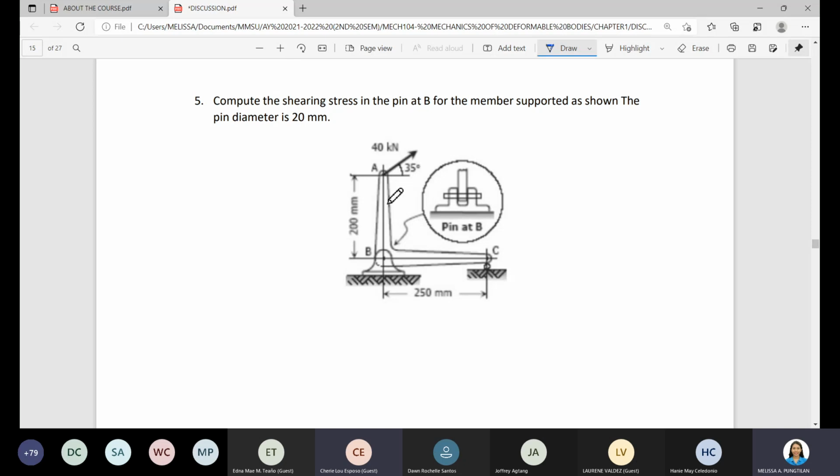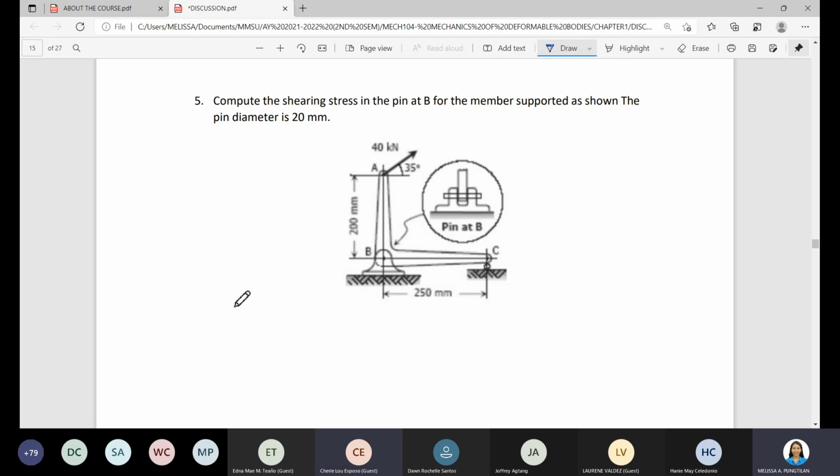We have here a structural element, and this is the elevation, or let's say the left elevation, at support B. Since the elevation looks like this, we can say that this is in double shear. We encounter double shear here.